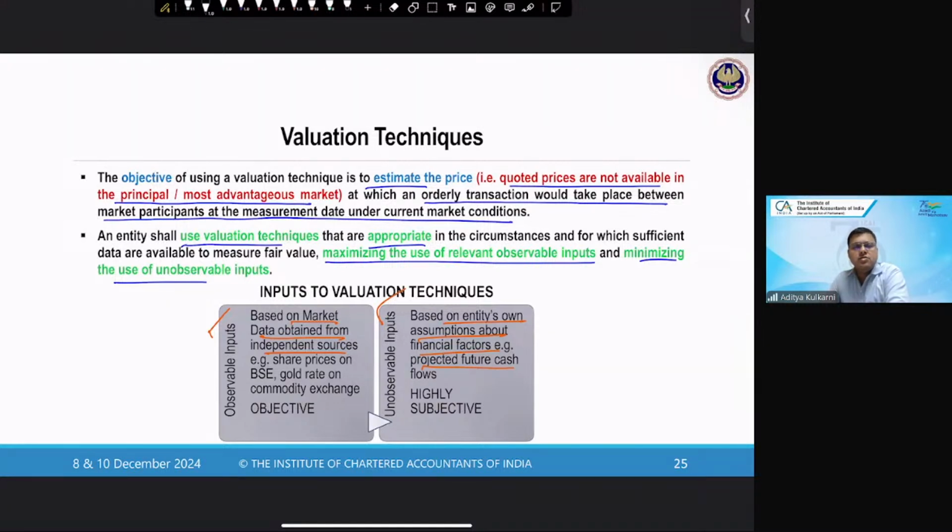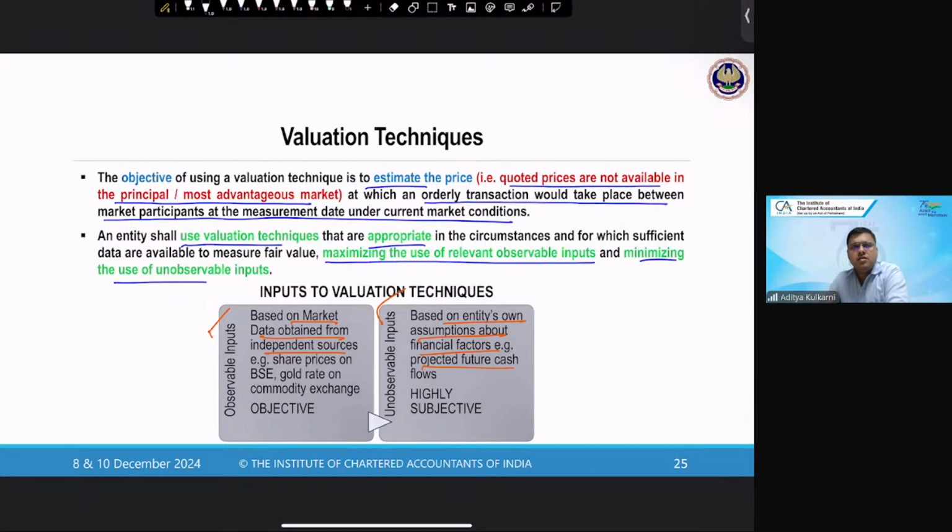The standard does not give a fair value formula. Rather, it gives the principles for determining the fair value. It started off with a definition of fair value, which mentions that it is a market participant based value in an orderly transaction between market participants at the measurement date.